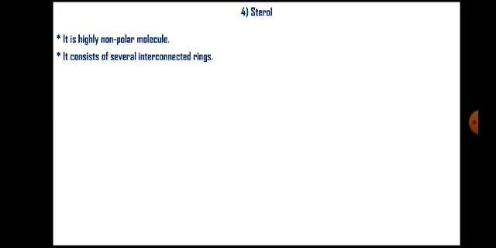We know that a nonpolar molecule doesn't have charged areas on its atoms, positive or negative charges, and therefore, due to the absence of charged areas, they are called nonpolar.